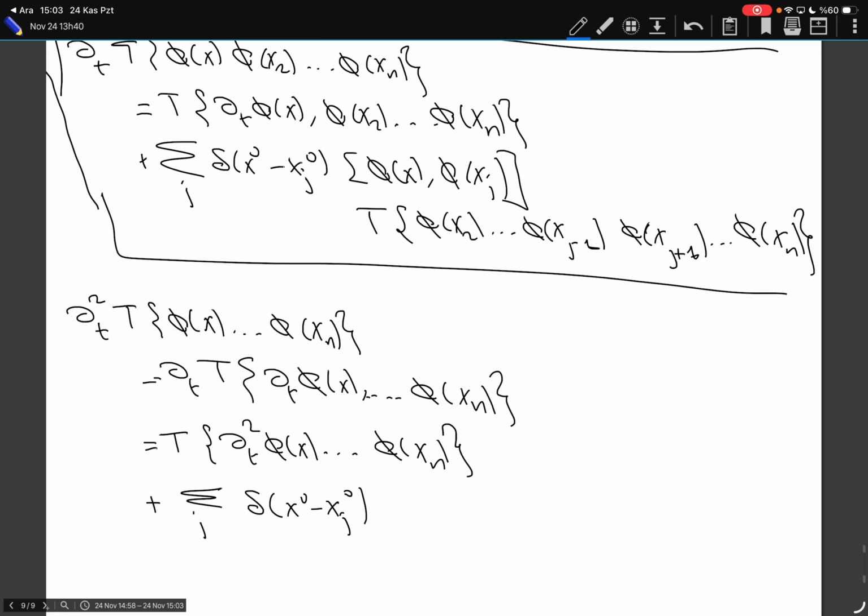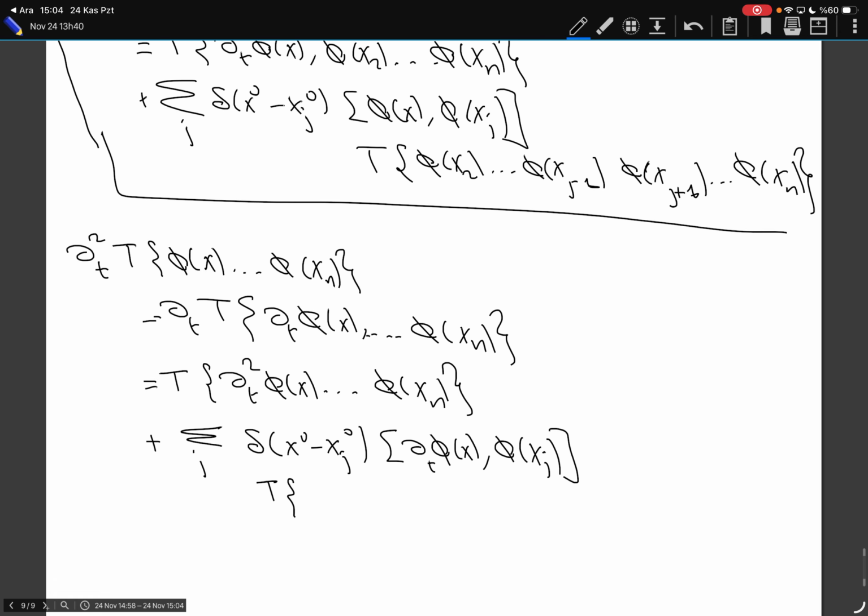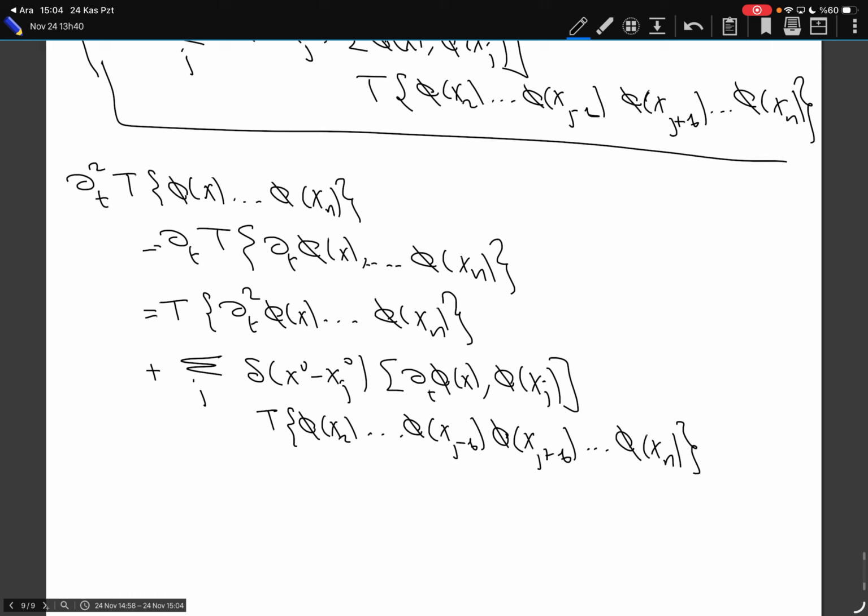Because now I get the commutator of del t phi of x with phi of xj times the time-ordered product of phi of x2, phi of xj minus 1. You just jump xj. But that commutator is just minus i, the three-dimensional Dirac delta of x minus xj.